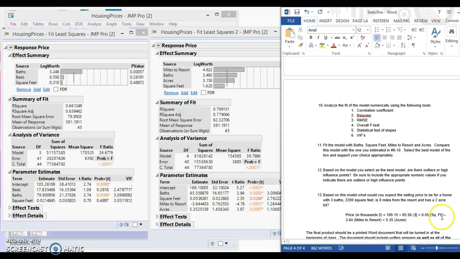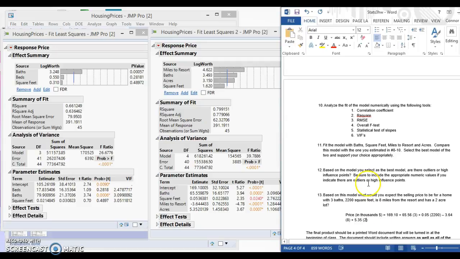So pretty much for baths you would just plug in 3, square feet, you'd plug in 2200. For miles to resort, 8, and acres, what was that, 2. Alright, and that would be your value.